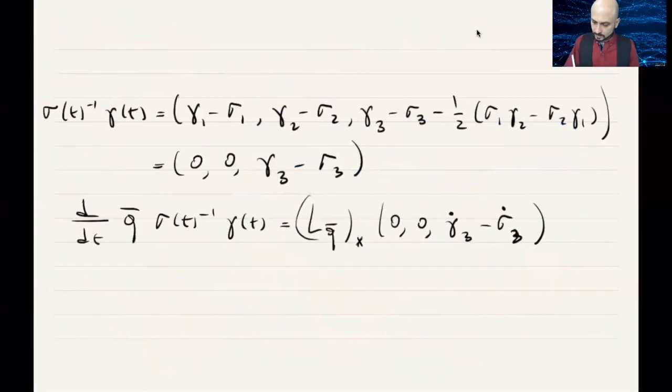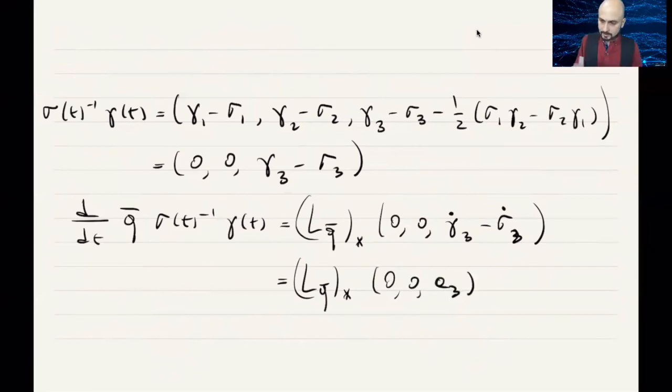So this is equal to gamma star of (0, 0, a3), which is what we wanted. So what we concluded is that eta t coincides with the curve sigma t to the minus 1 gamma t.